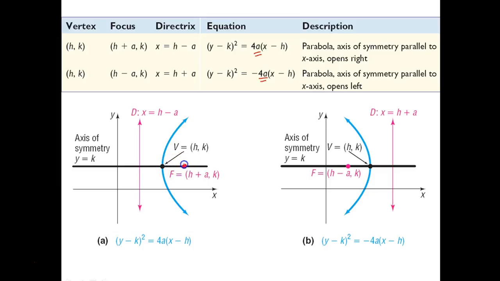The focus is always inside of the parabola. The directrix is always on the outside. The vertex and the focus will share the same x part of the coordinate, so they'll both be on that axis of symmetry. The axis of symmetry will always be perpendicular to the directrix.